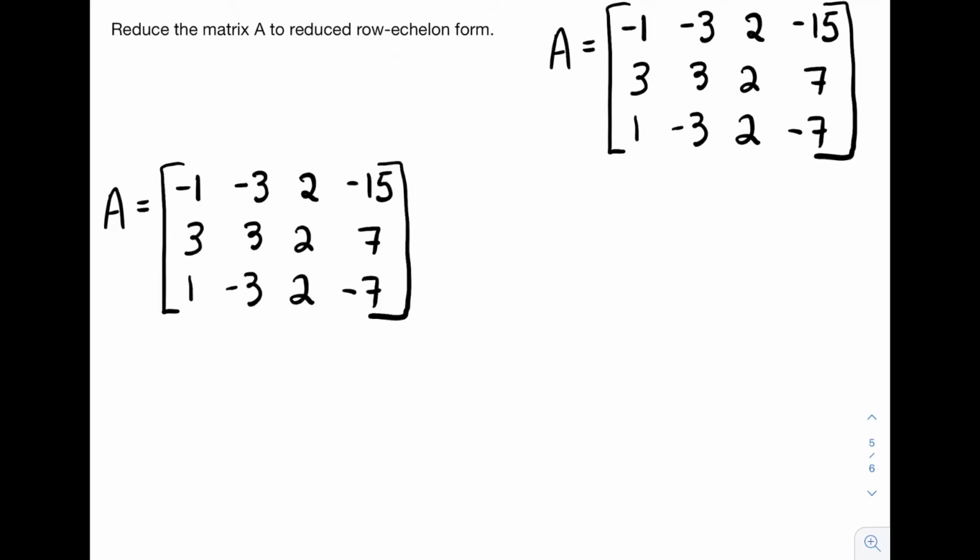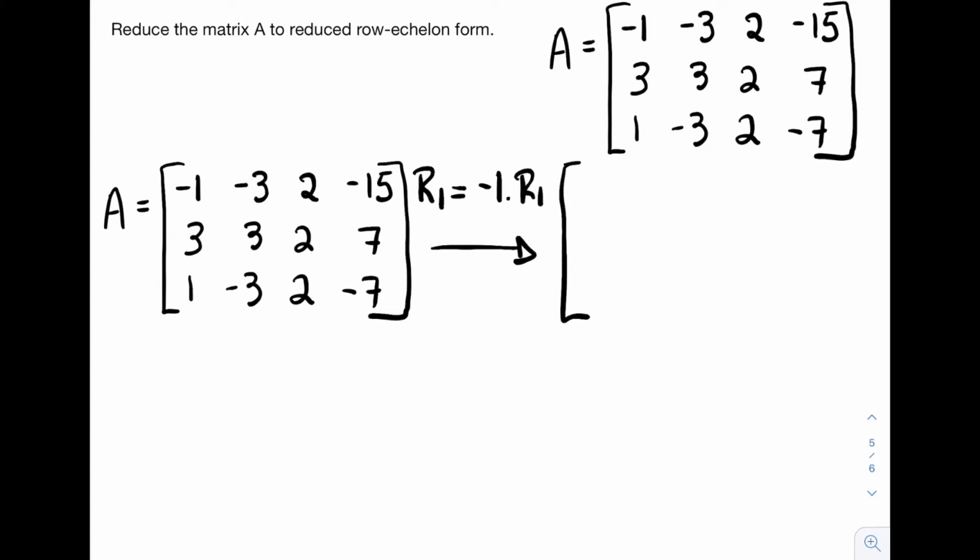So I've copied our matrix A here, and the first row operation we're going to want to do is to get this 1 to be positive. So we're going to do that by applying the row operation R1 equals negative 1 times R1.